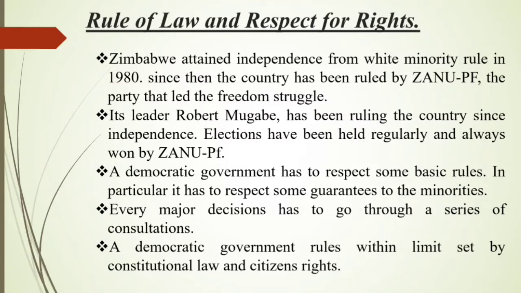And Robert Mugabe, an important leader of this political party, became the president of Zimbabwe after independence. So Robert Mugabe was an important figure of this party ZANU-PF. After Zimbabwe became independent, Robert Mugabe became the president of Zimbabwe.